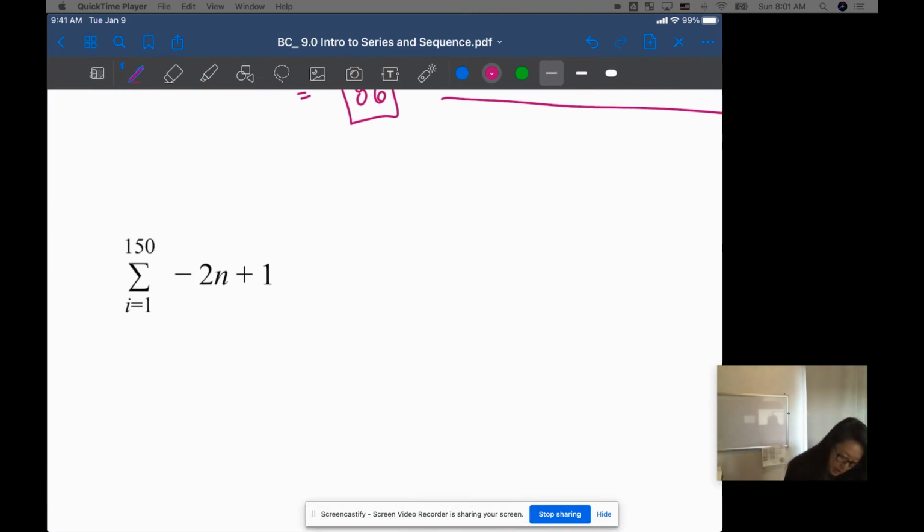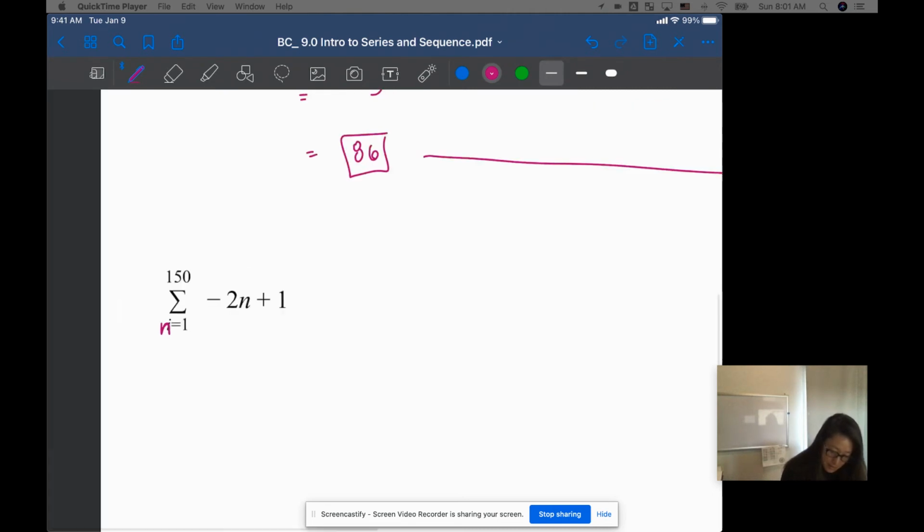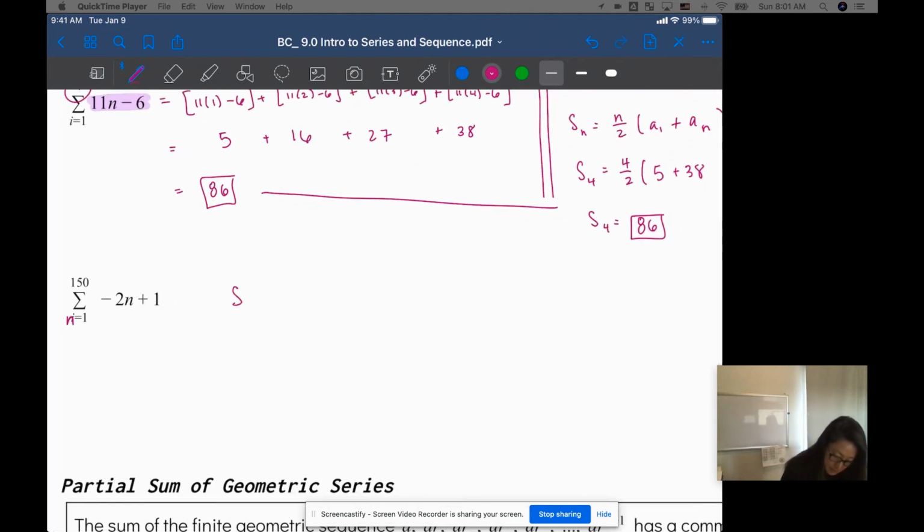Especially when I do something like this. I see that I have an i and an n, so I'm going to change my i to an n here. So I have the sum from n equals 1 to 150 of negative 2n plus 1. I don't want to expand this. This is going to take forever. So I'm going to use the rule. S of n is equal to n over 2 times a sub 1 plus a sub n.